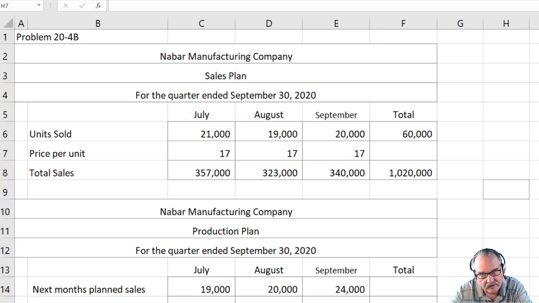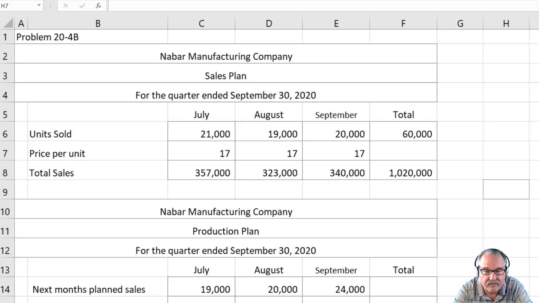In other words, they're doing this probably in June. They've done an estimated June balance sheet. That's the starting point, and then we're going to be planning into the future, July, August, September, based on the assumptions that they've given you on page 814, starting with the assumptions for sales.